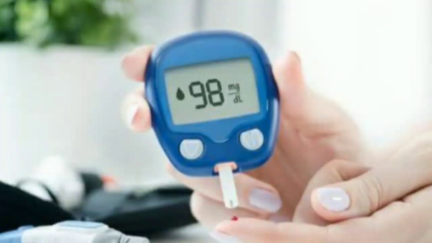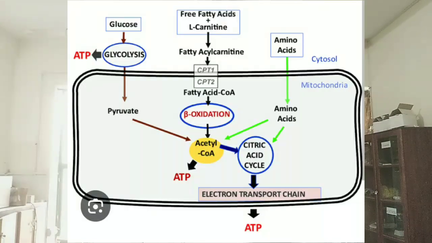Moreover, it can also maintain the blood sugar level in the body. It can also help in mental health. This hormone also performs the function of regulating carbohydrate, fat, and protein metabolism. These are some of the most important functions of the cortisol hormone.